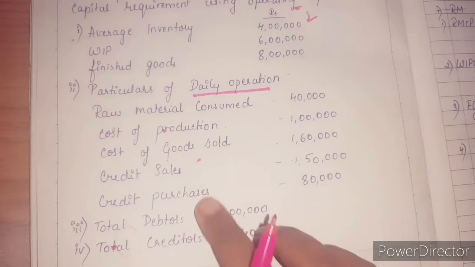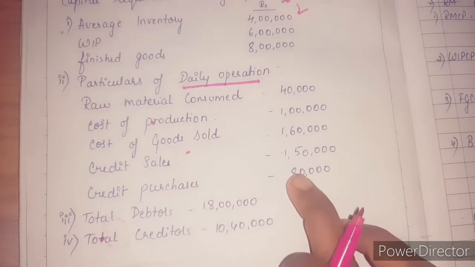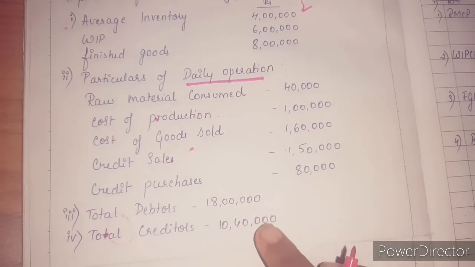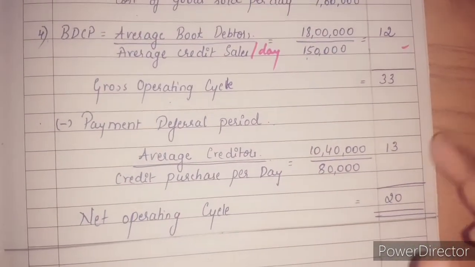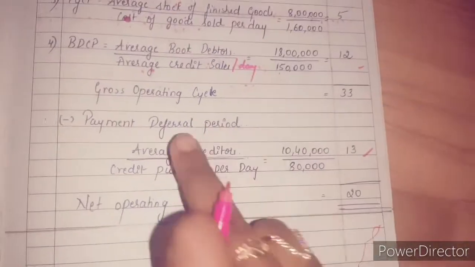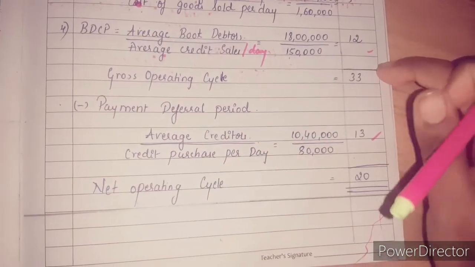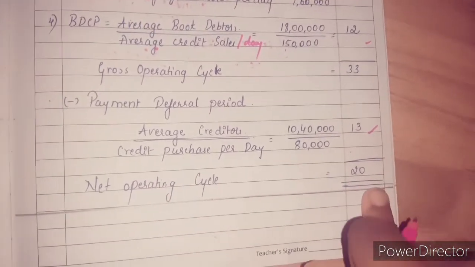So creditors are on the basis of credit purchase per day, that is equal to 10,40,000 divided by 80,000. So 10,40,000 divided by 80,000, we get 13. Gross operating cycle minus payment deferral period, that is 33 minus 13, we get net operating cycle, that is number of days 20.